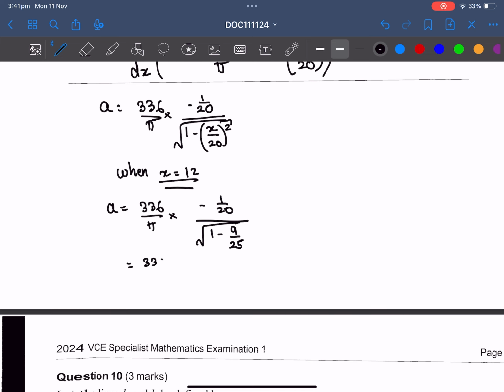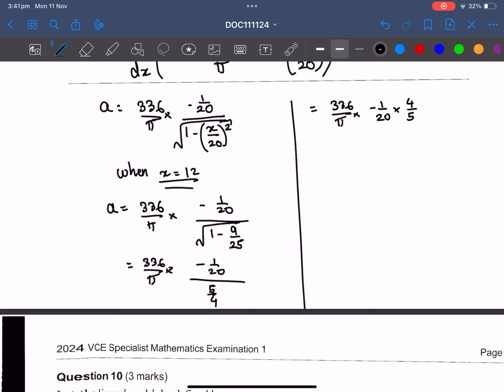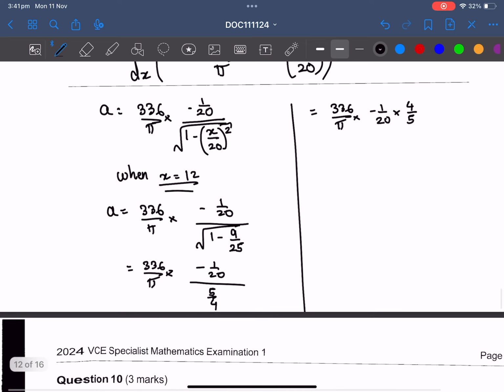So that is equal to 336 on pi times minus 1 on 20 divided by the square root of 16 on 25. Yep, so that is going to be divided by 5 on 4. So that is going to equal 336 on pi times negative 1 on 20 times 4 on 5. And so now we get 5. So our answer is going to be 336 on 25 pi.